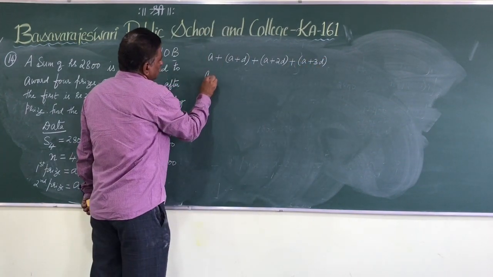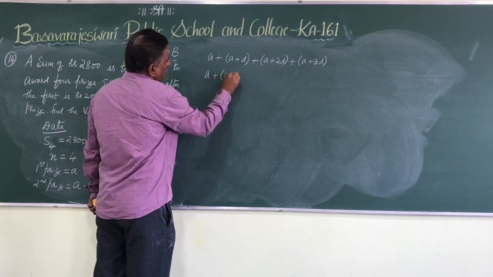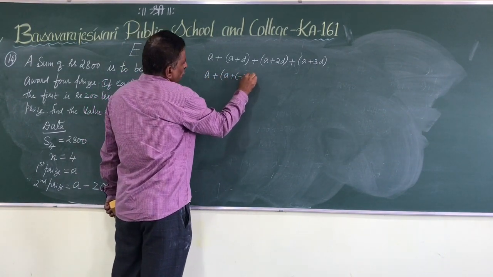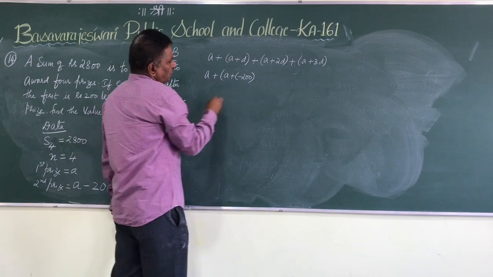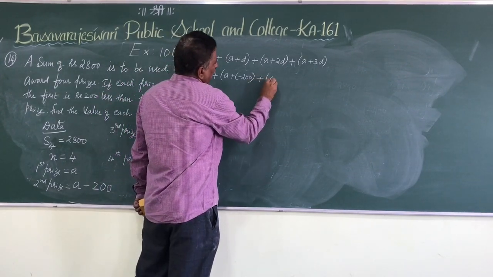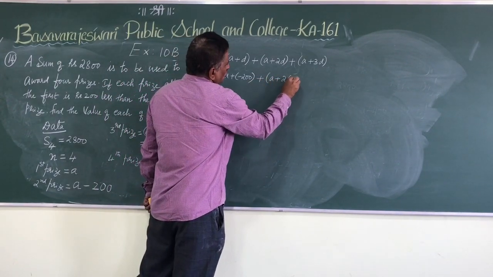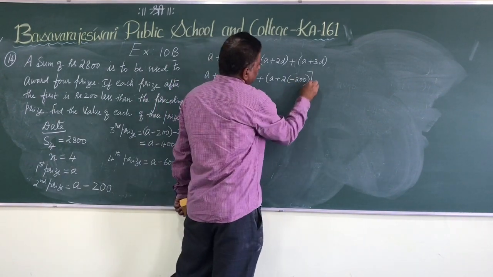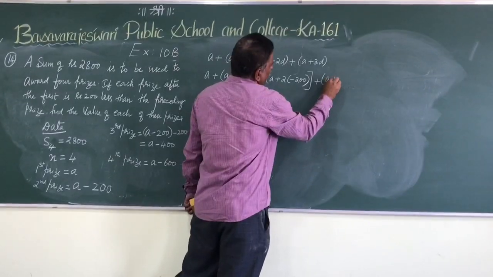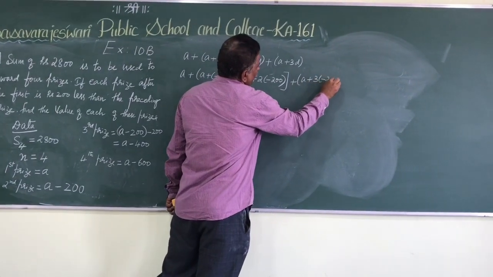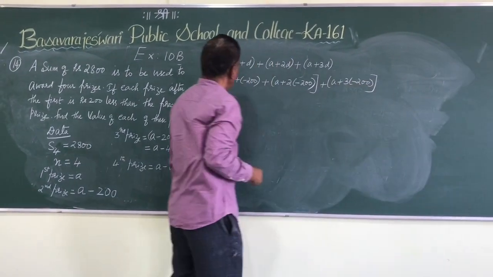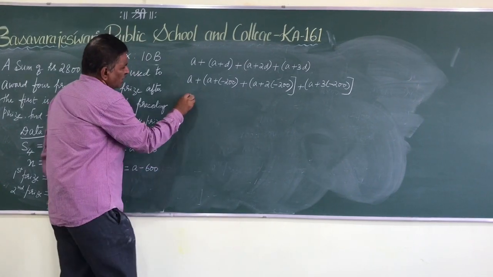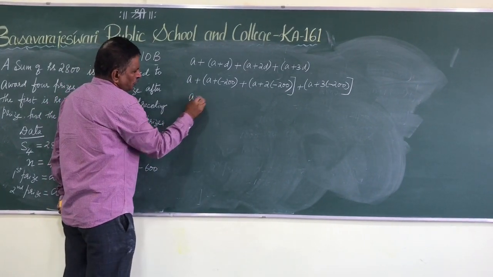So A is the first term and the second term will be A plus of minus 200, then third term will be A plus 2 times of minus 200, and A plus 3 times of minus 200. Now very clearly A is the first term which we don't have.